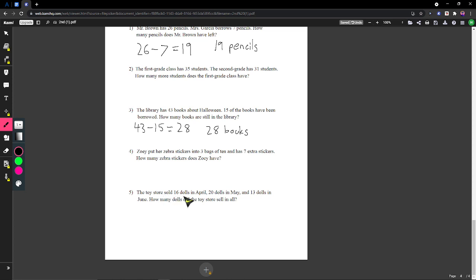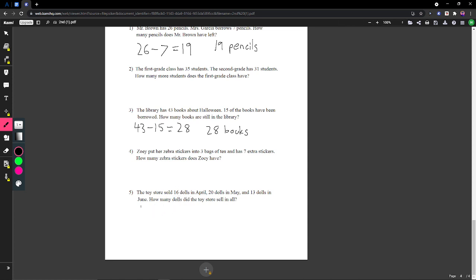The toy store sold 16 dolls in April, 20 in May, and 13 in June. How many dolls did this toy store sell in all? Just because they sold something does not mean it would always be subtracting, because then we don't know what we're subtracting from. So in context, you would be adding these all up.